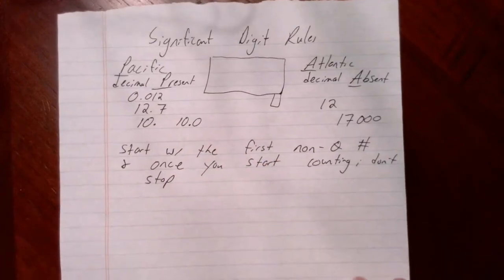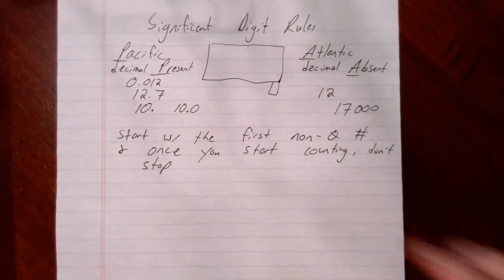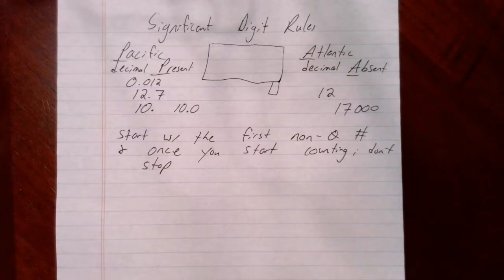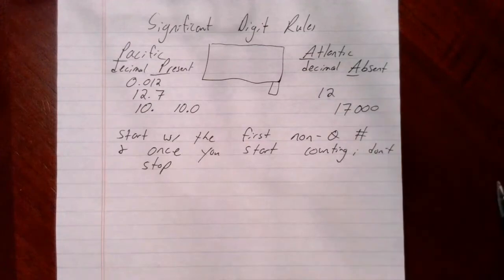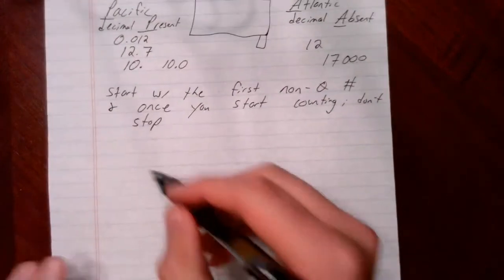When we're counting the number of significant digits in a number or a measurement, we never start counting with zero. We start with the first non-zero number, but once I start counting, then I count zeros. Once you start, you don't stop. And again, to decide whether you start on the left side or the right side, think about the Atlantic versus Pacific Oceans. So let's list out some numbers here.